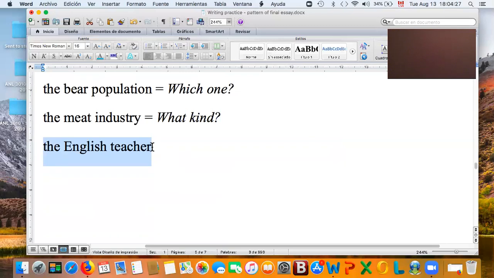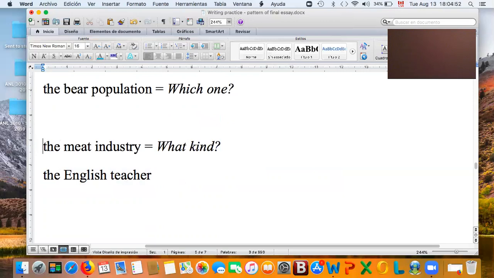So a quality is being attributed to the teacher, so the teacher is recognized as a member of all the people who have that quality. So that's a part-whole relationship of the kind. The teacher who is English, as opposed to the teacher of English.